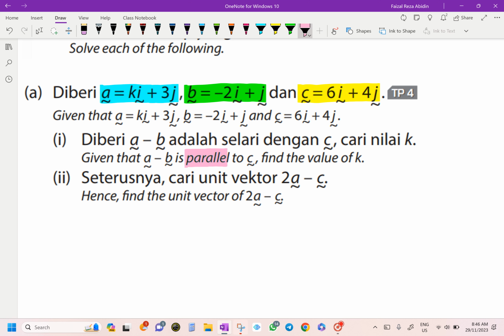What is parallel, class? When we have parallel means what? Parallel, not -1. If perpendicular then we get -1. So m1 equals to m2. We are going to find the value of our k. Where is our k? At A.